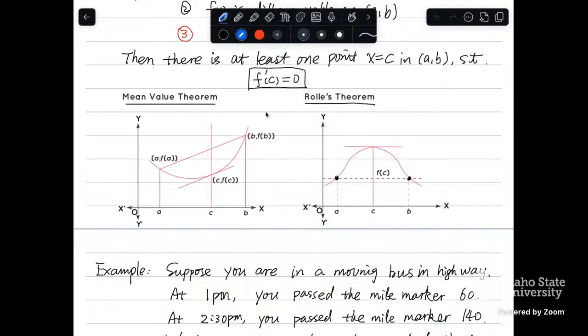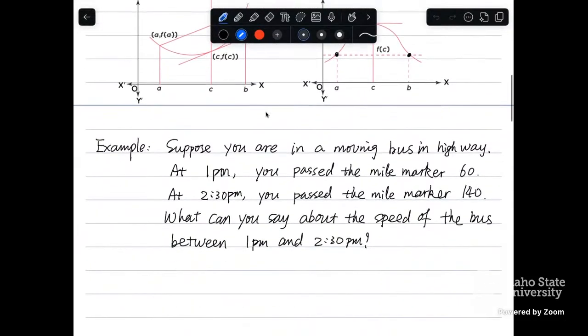So, what is a possible application of the mean value theorem? Suppose you're in a moving bus on a highway.